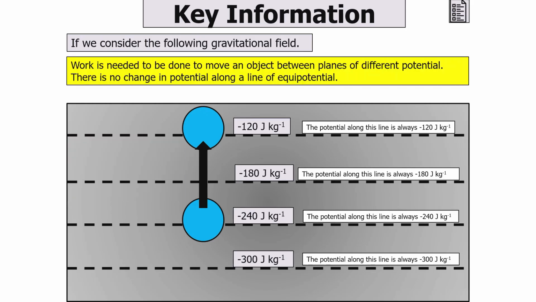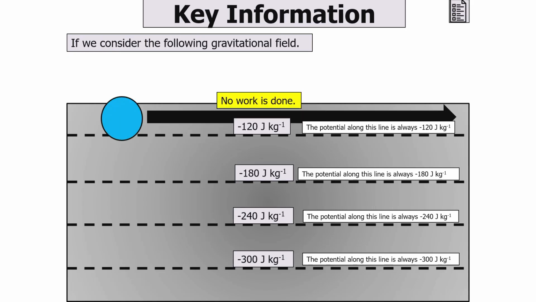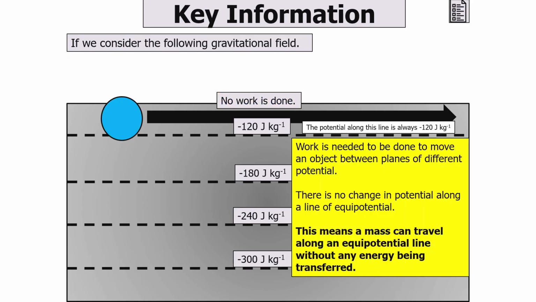Now work needs to be done to move an object between planes of different potential. There is no change in potential along a line of equipotential. So if an object moved across this equipotential line, no work will be done. This means a mass can travel along an equipotential line without any energy being transferred.